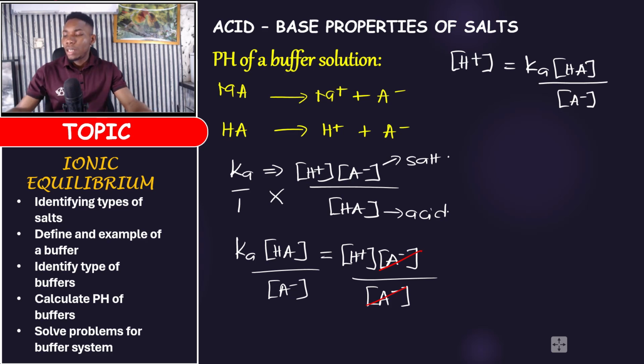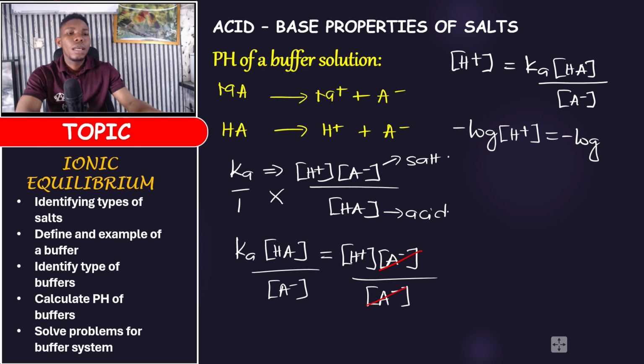And then, if you take the negative log of everything here, you have negative log H plus is equal to negative log of everything in this bracket. You're going to get negative log Ka plus, let's take the negative log of this group together.